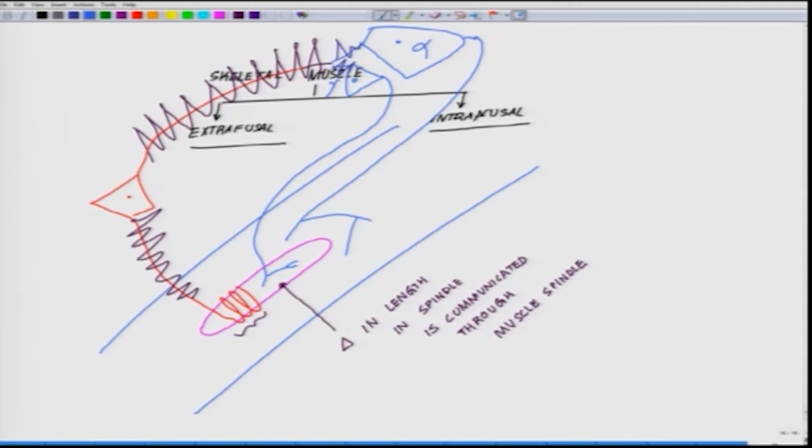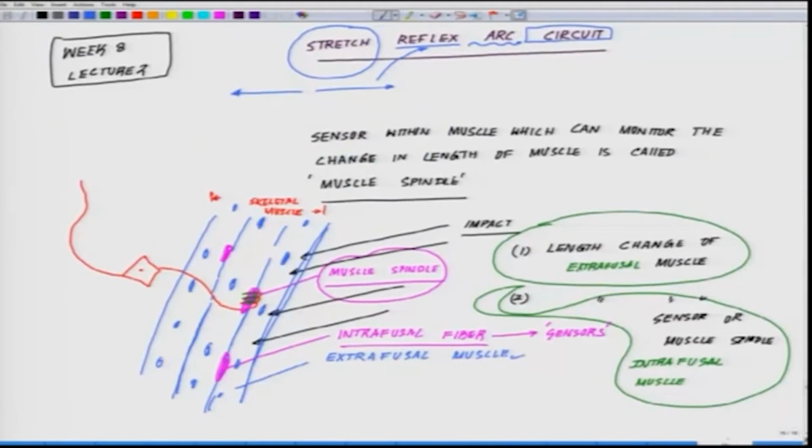I told you that there is a change in length at two different levels, right? The first change in length is in the extrafusal muscle. The second change in length is in the intrafusal muscle, which is the sensor. Now, if you complete the circuit, what is happening? Just follow my pen. Here is the signal which went all the way there. The signal gets split up into two different neurons. One is alpha, the large one.